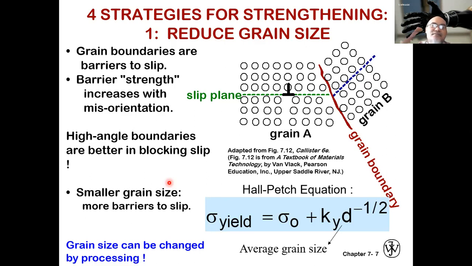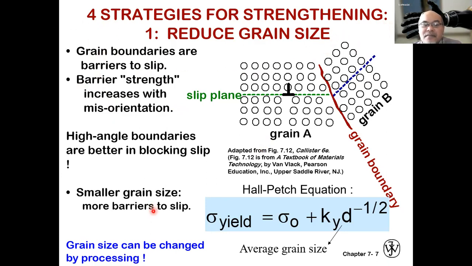So that creates more strength, a barrier. Similarly with crystal, if you have smaller grains, you have more grain boundaries, which will block the slip dislocation from moving to the edge.